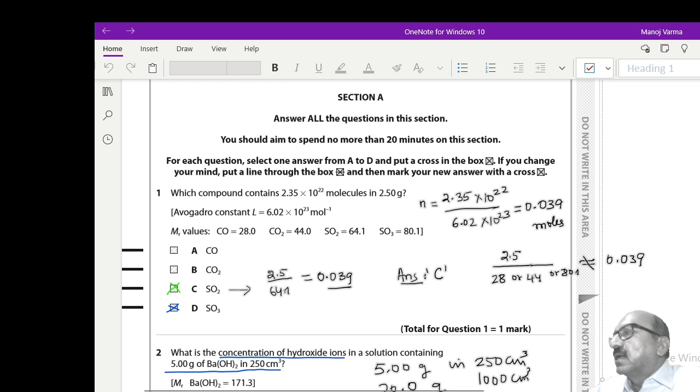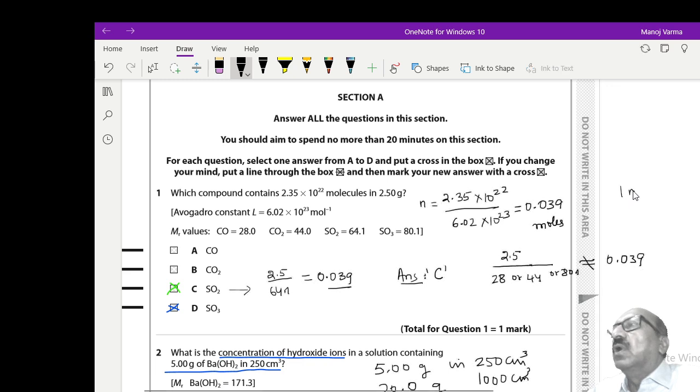So for doing that, since we know that one mole contains 6.02 into 10 to the power 23 molecules, we need to know how many moles will be there in 2.35 into 10 raised to 22.